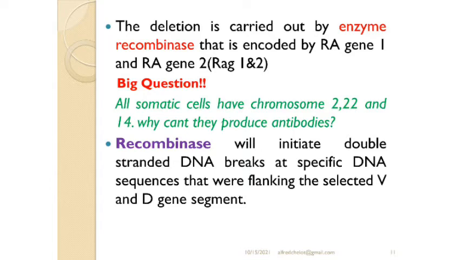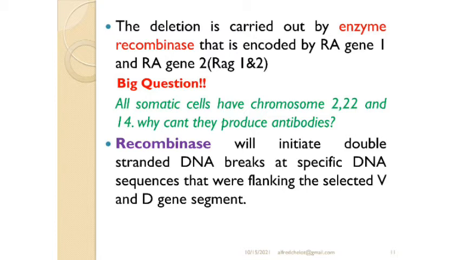Now, there is a question we have to ask ourselves. All somatic cells have chromosomes 2, 22, and 14. But why is it that they don't produce antibodies? Only B cells and plasma cells have the capability of producing antibodies, whereas other somatic cells cannot, despite the fact that they still have the gene segments needed to produce antibodies.